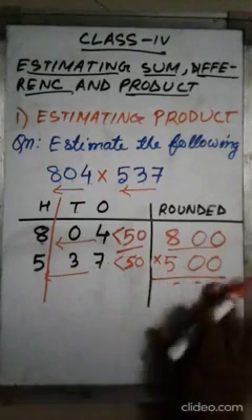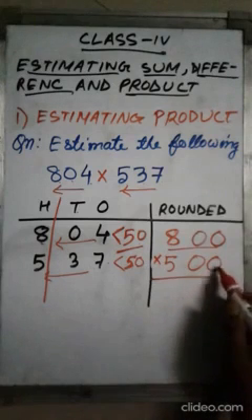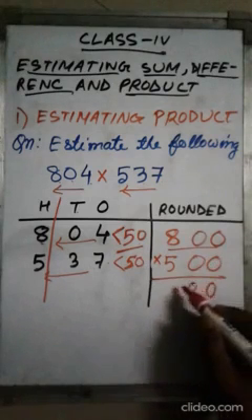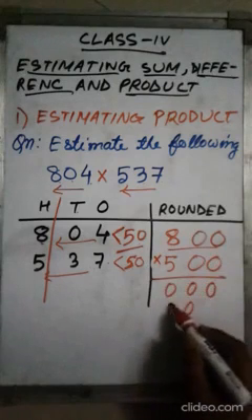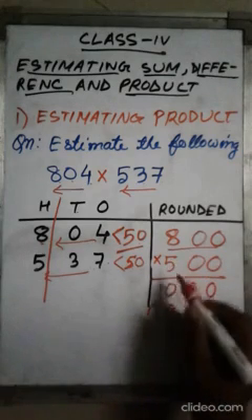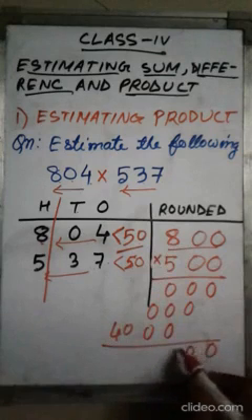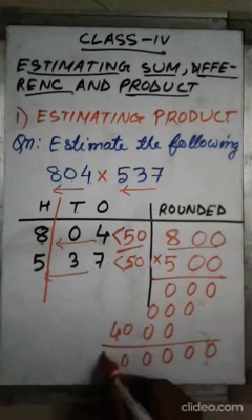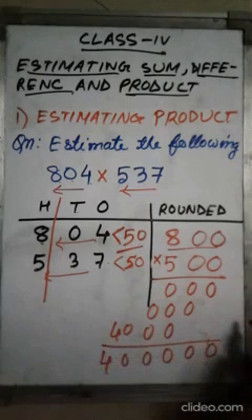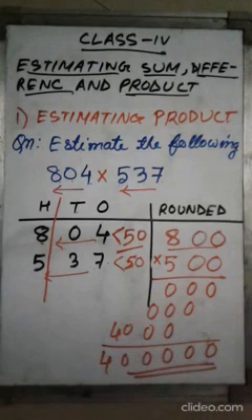So for that, what shall I get? 5 into 8 is 40, followed by the zeros. This is the estimated product of the numbers.